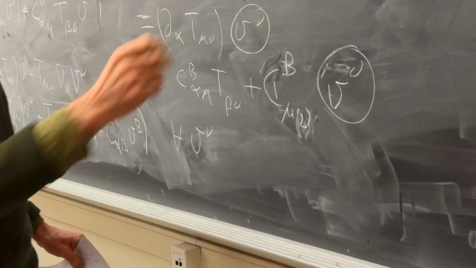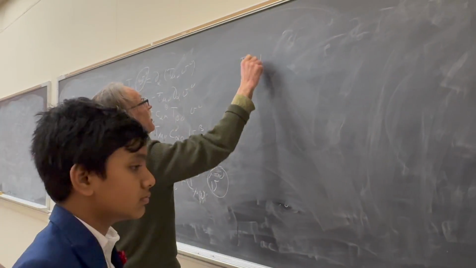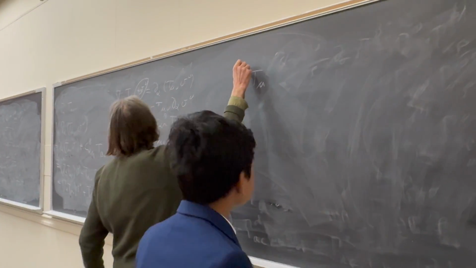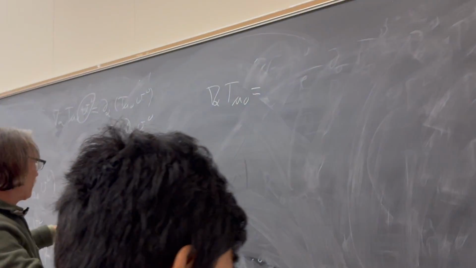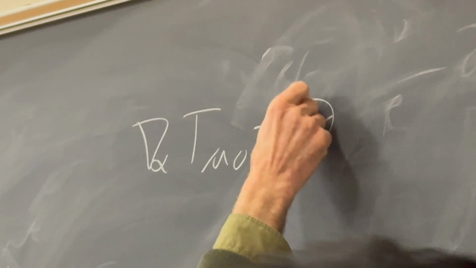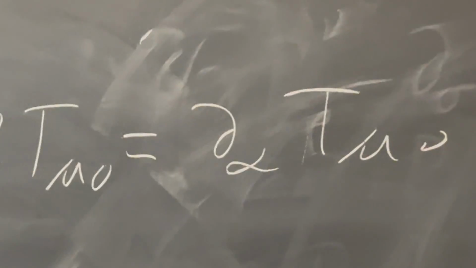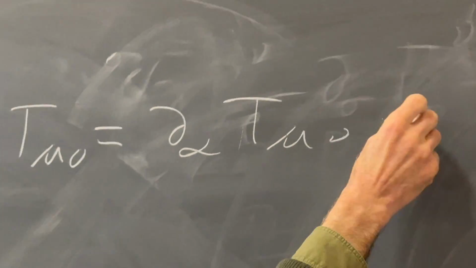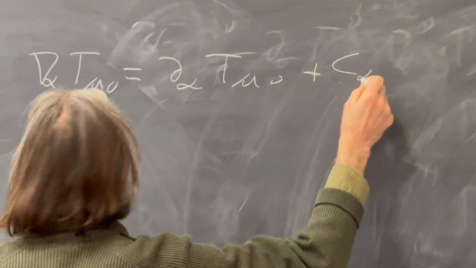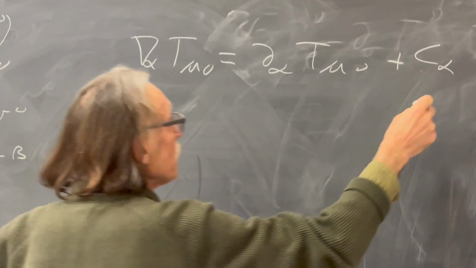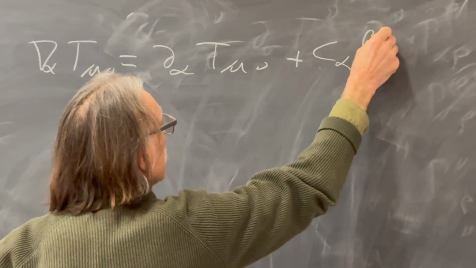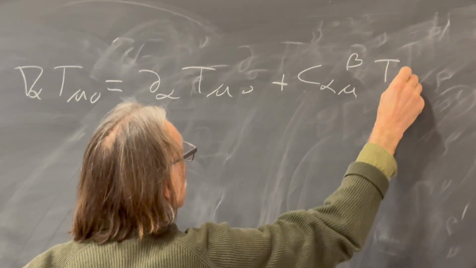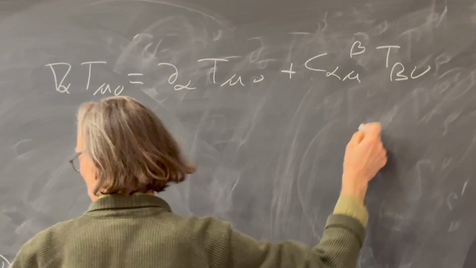And that means that we have derived the covariant derivative of a tensor, which is equal to the ordinary derivative of a tensor, that's this one, plus C alpha mu beta times T beta nu.